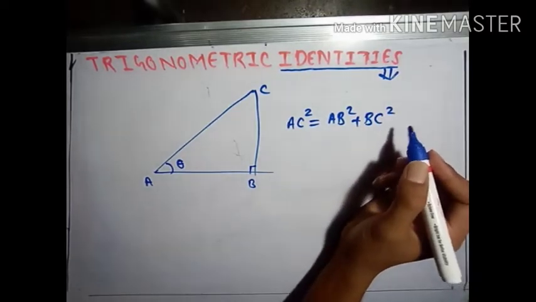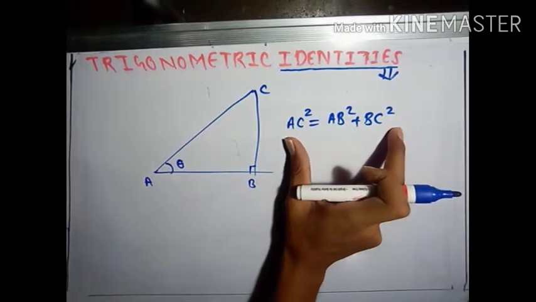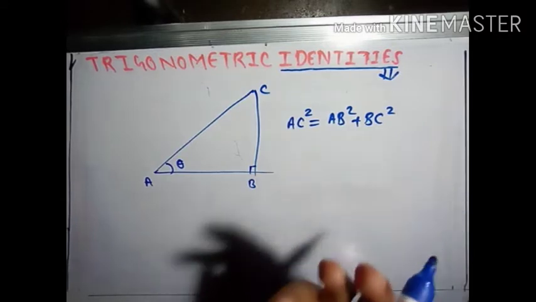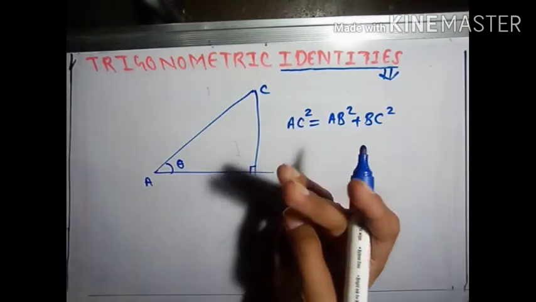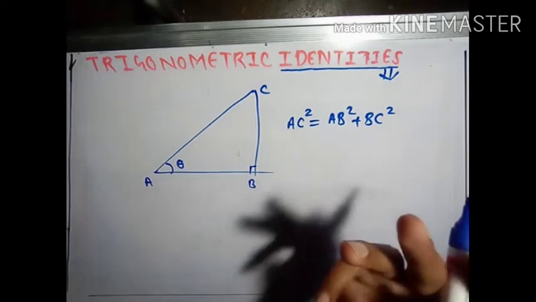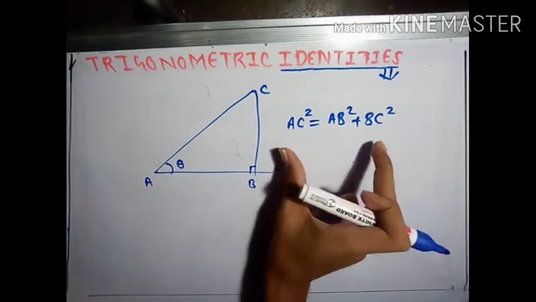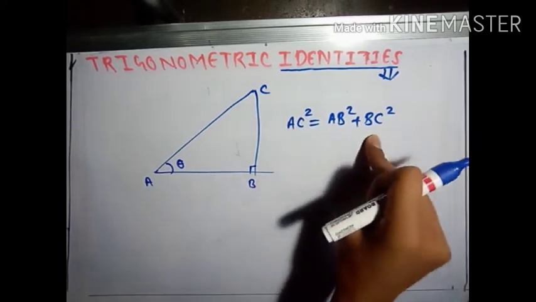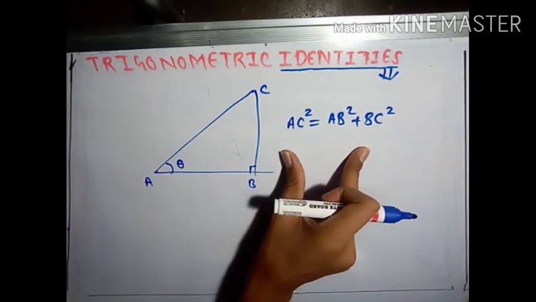Now I want to make this equation in the form of ratio. For writing the ratio, I have three choices. The first choice is to divide both sides by AC square, and we also have a second and third choice. We'll soon discuss these choices.